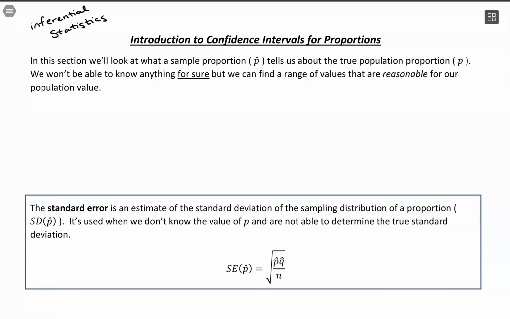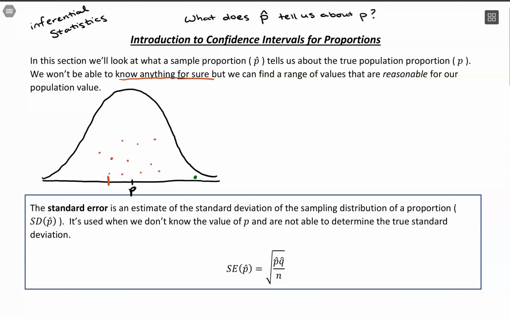So what we're going to have is a random sample. Let's say I took a random sample and I landed over here. This sample proportion that we get is our best estimate for what is happening in the population. Meaning, again, I want to think about this value for p that's in the population. I don't actually know what it is, but I took a random sample and I get this sample proportion.